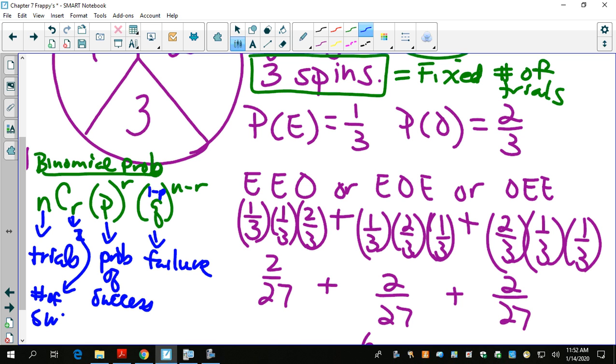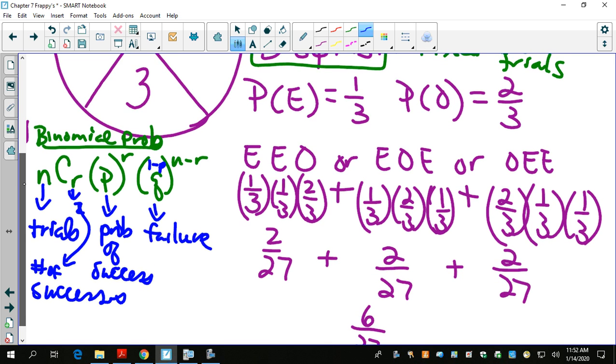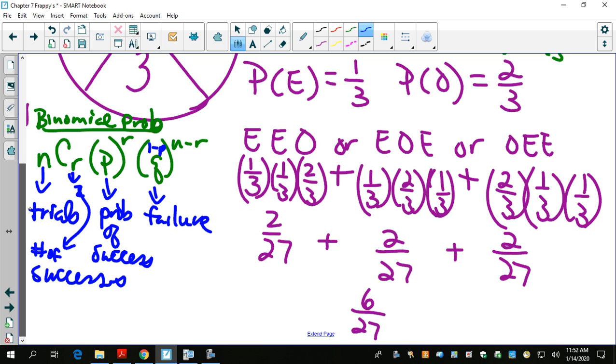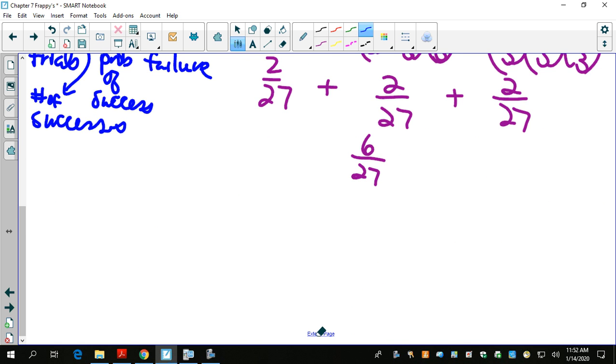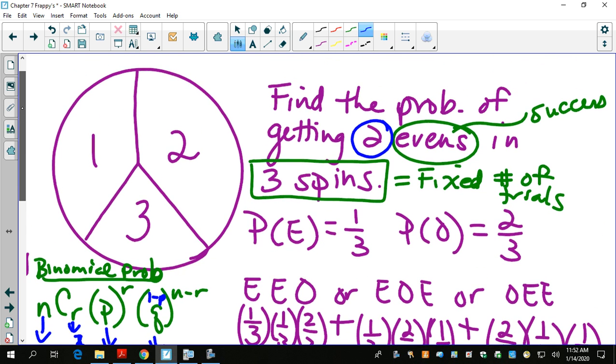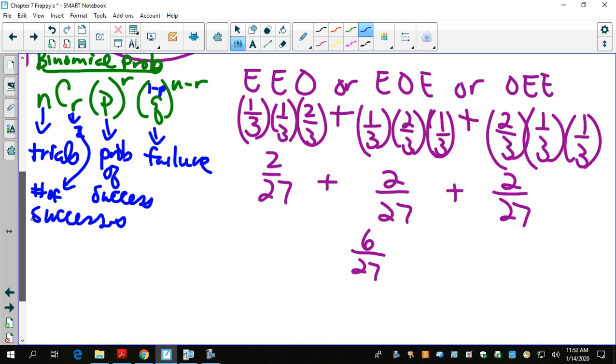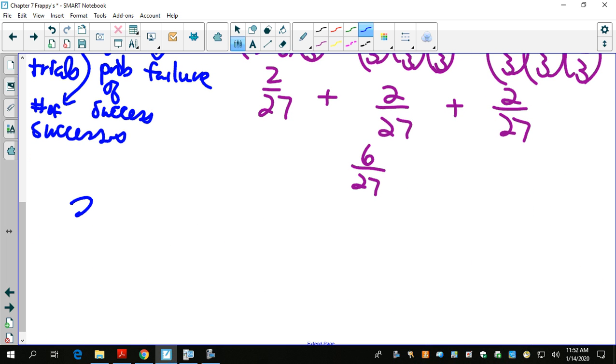Okay, so what I'm going to do right now is do the same exact question using the binomial probability. The question said, find the probability of getting 2 evens in 3 spins. So 3 spins. Why 3? Because that's a fixed number of trials. So 3C2. Why 2?